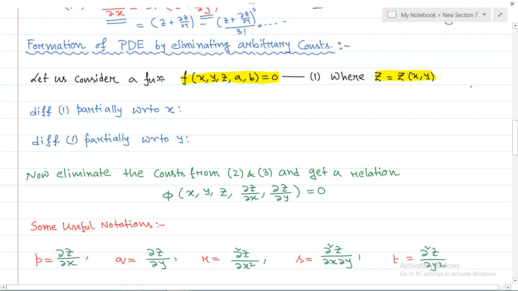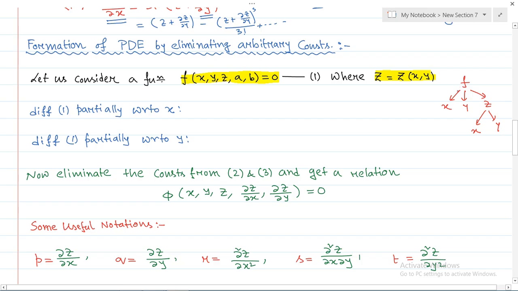Here we can see that f depends on x, y as well as z, but z again depends on x as well as y. So if I want to differentiate expression 1 with respect to x, how can we do this?